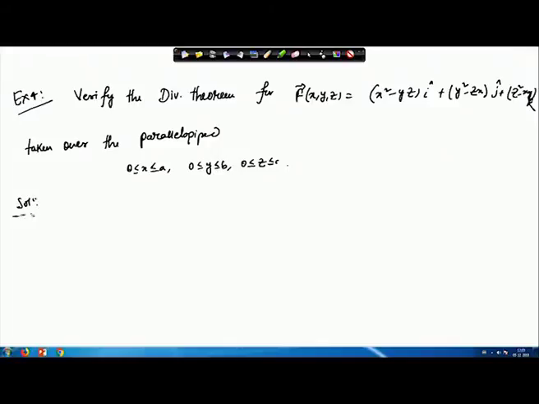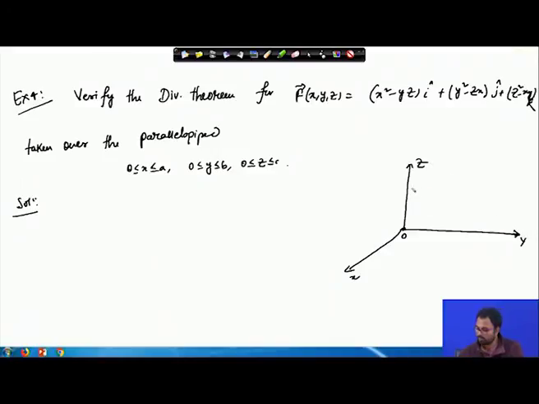So, the solution. So, first of all let us draw our parallelepiped. So, this is the origin, that is my x axis, that is y axis, this is z axis, and if I draw, then this is all right, and this is G, this is F, A, B, so this is A, B, C, D, E, F, and G. All right.